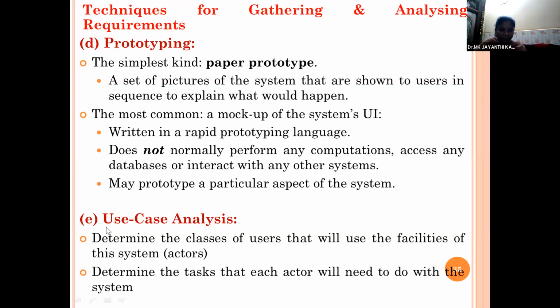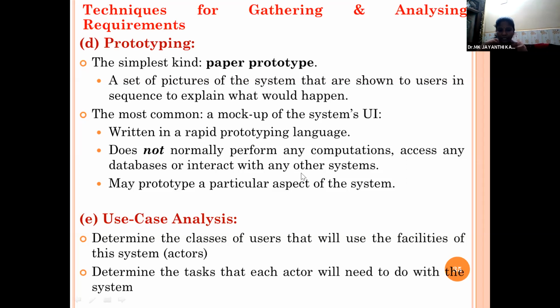And then the use case analysis will be performed. Determine the task that each use actor will need to do with the system. So various activities and the users of the activities and functions will be identified, and analysis will be done based on the use cases which we get from the end users.